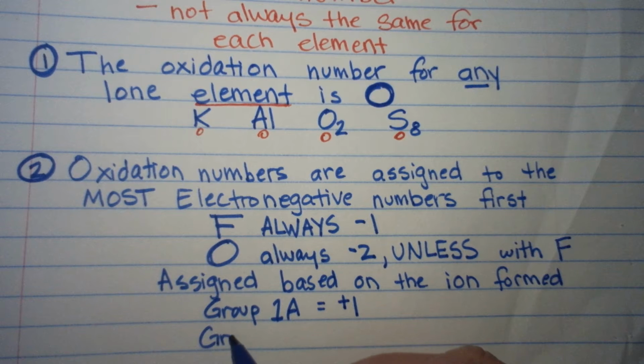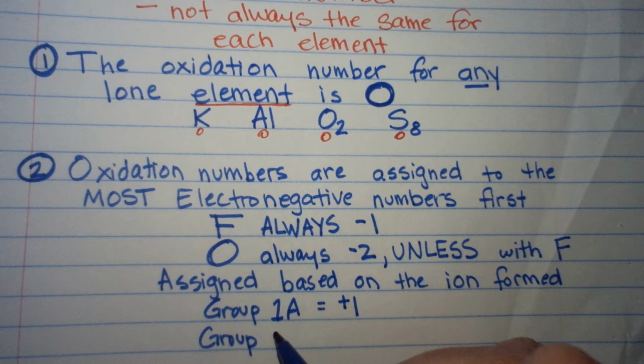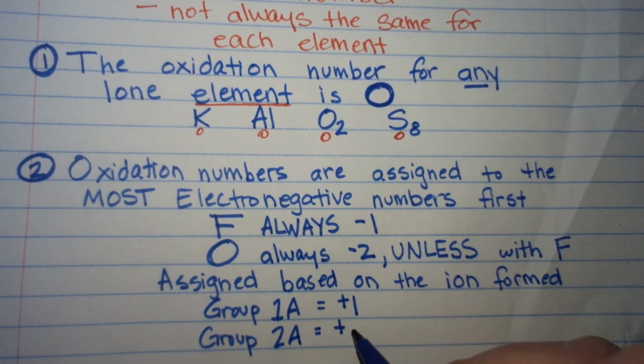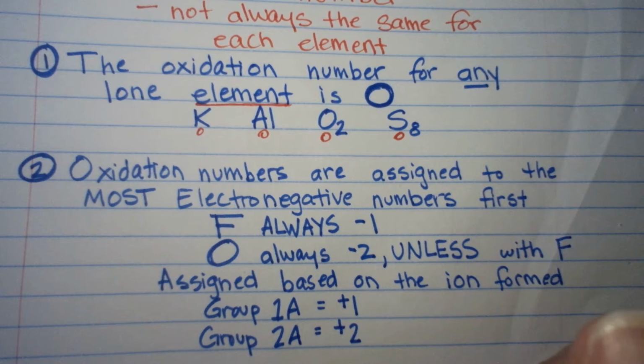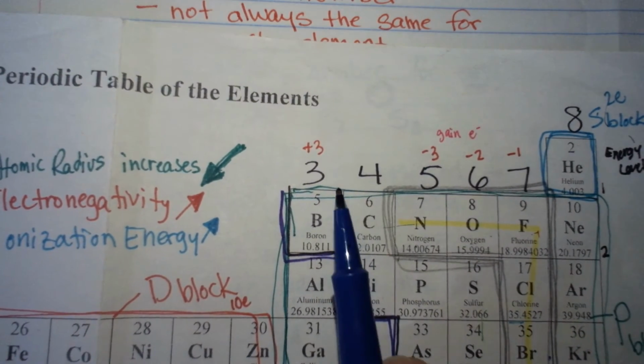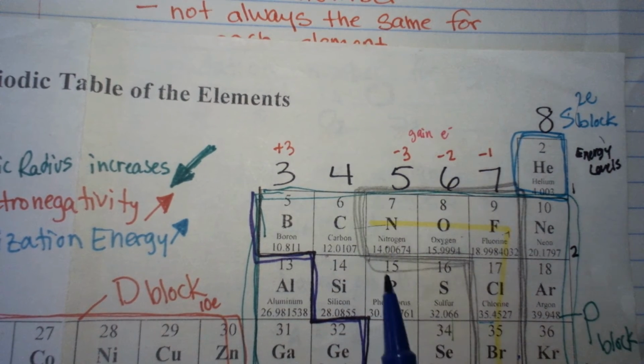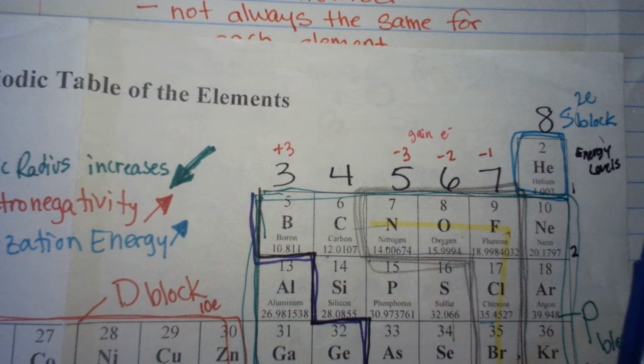Group 2A will usually make a +2 ion, and so on. So we could go on this periodic table and say, okay, this one's usually going to be a +3, this group is usually going to be a -3, and so on.